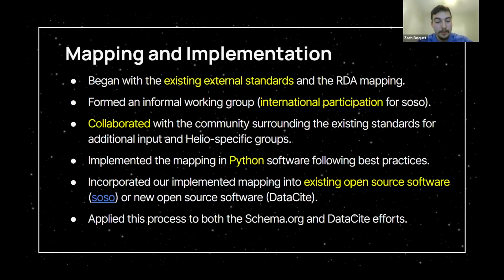So again, science-on-schema.org, we collaborated with y'all for additional input, as well as we got input from NASA heliophysics specific groups. We then implemented the mapping within Python software following best practices and incorporated it into, for schema.org, existing open source software. So this is the existing SOSO package developed by Colin Smith. And then for DataCite mapping, this was new open source software.